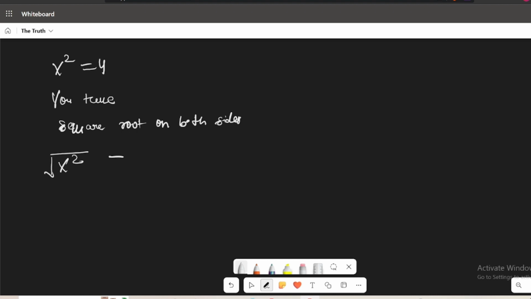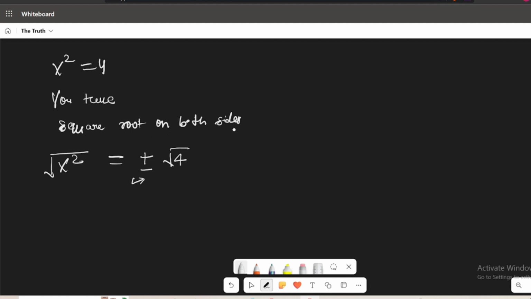This is valid. But when you take a square root on both sides, you take plus minus under root of 4. This is a very important step that I have done over here.